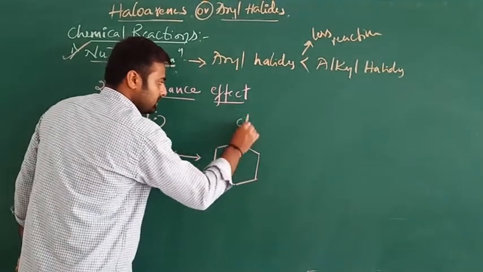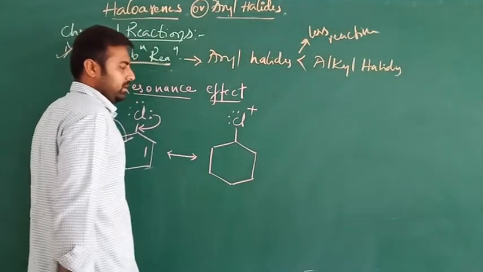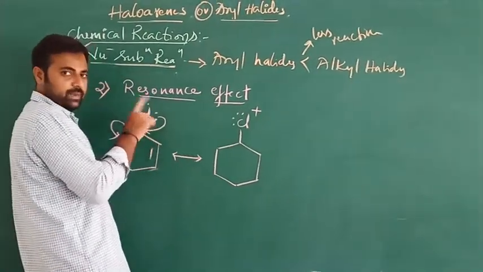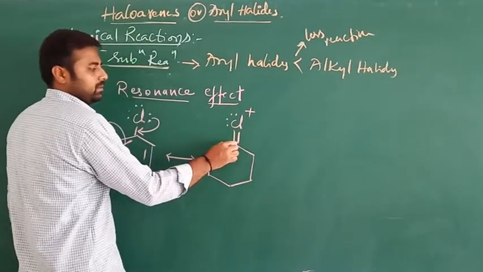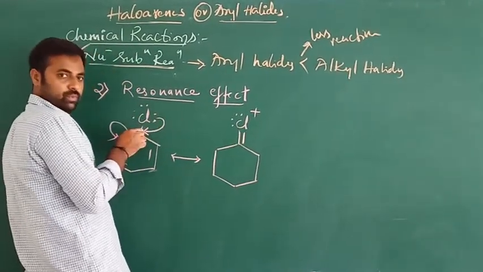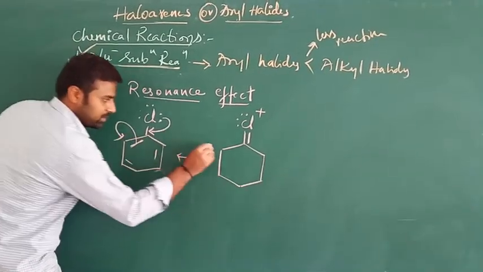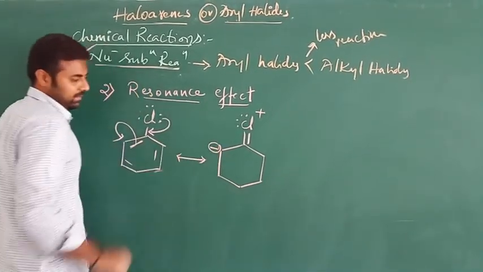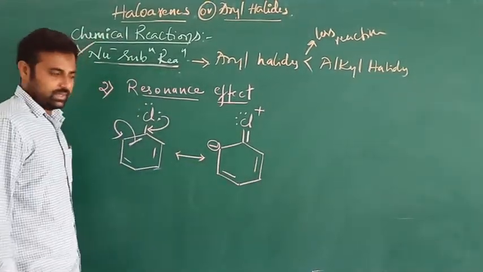Cl has only two lone pairs, and this chlorine will get a positive charge due to the loss of a pair of electrons, and the bond will form due to the pair of electrons moving to this position, right? When this pair of electrons moves to this position, this carbon will get a negative charge, and this is one of the resonance structures.